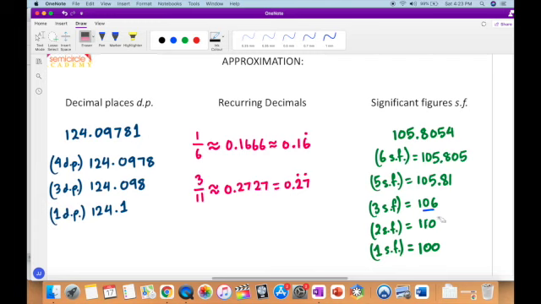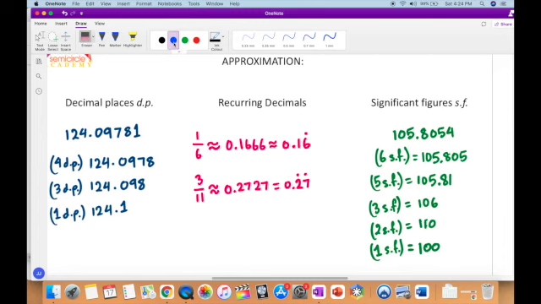But then I also have 2 significant figures. So 2 significant figures are just looking at this one and this one. And well, of course, that is 1, 0, right? But at the end of the day, I have to look at the number after. If it's 5 or greater, well, then I round this 0 up to a 1. So it becomes 110 to 2 significant figures.